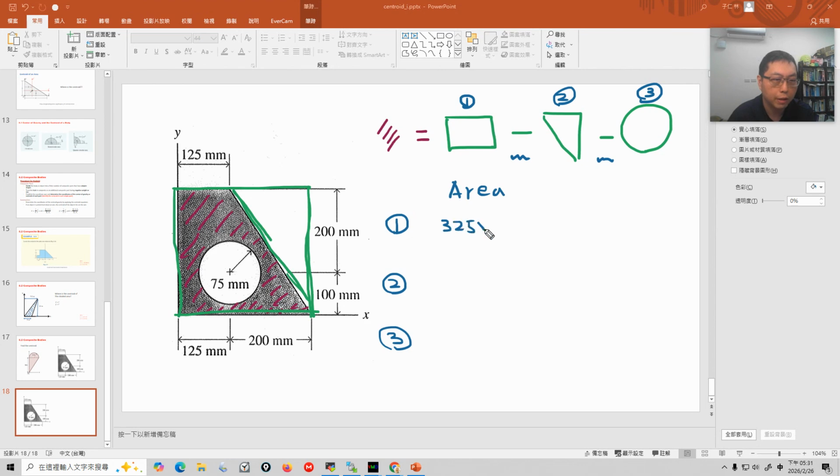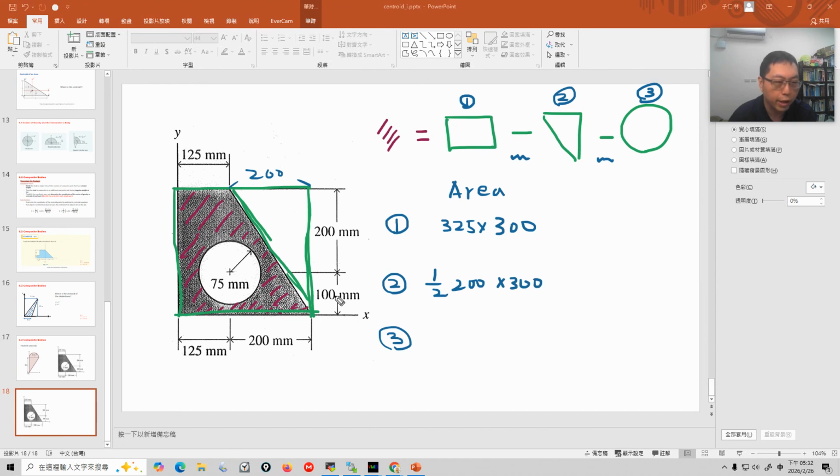Area 2 is a right triangle, so it's 1 over 2 times 200 times 300.